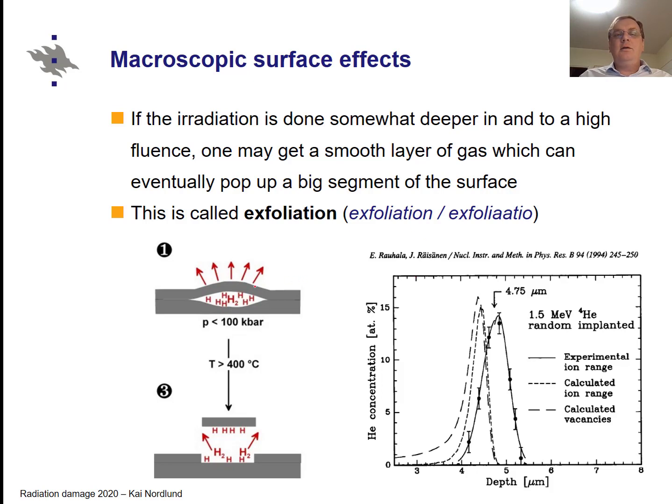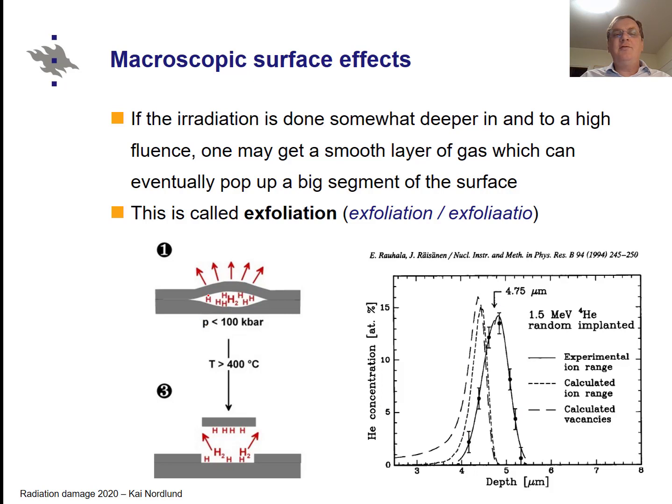But this of course usually is bad, but it turns out that one can actually use this for a beneficial effect. That is, if you irradiate deep enough, and typically with hydrogen, fairly high energy MeV hydrogen, it's a fairly narrow range distribution, so you get most of the hydrogen in a fairly narrow depth region.